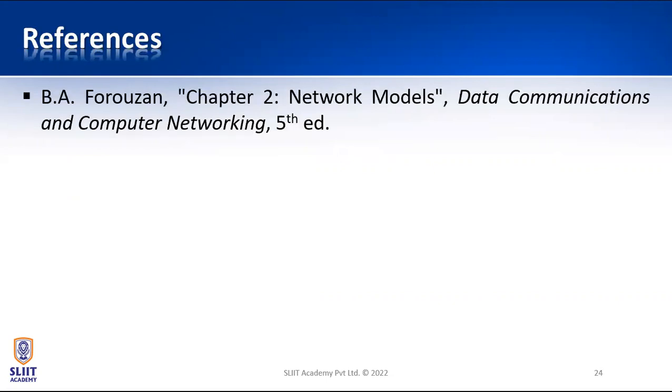So you can read further about this unit. If you read chapter 2 from Forouzan, chapter 2 network models, you can get a lot of information regarding this lesson. So that's all for today's lesson. That's the end of today's lecture.